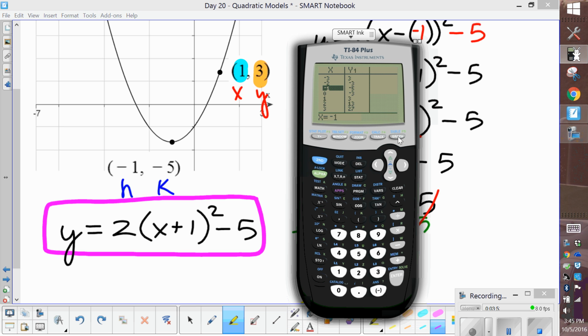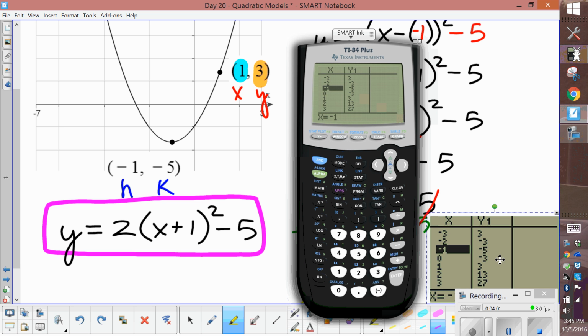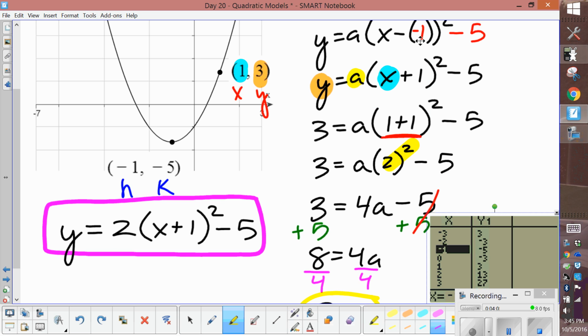And when I go to -1, I notice the Y value is -5. When I go to +1, I notice the Y value is 3. These numbers have to be in the table, or else I did something wrong mathematically. So I better see this number right here, which is my vertex, and I better see this X and Y somewhere in this table if this is a correct graph.